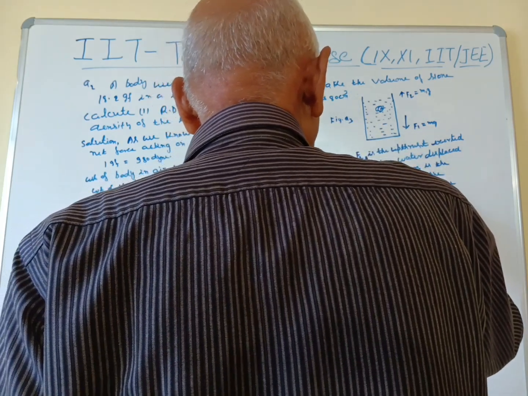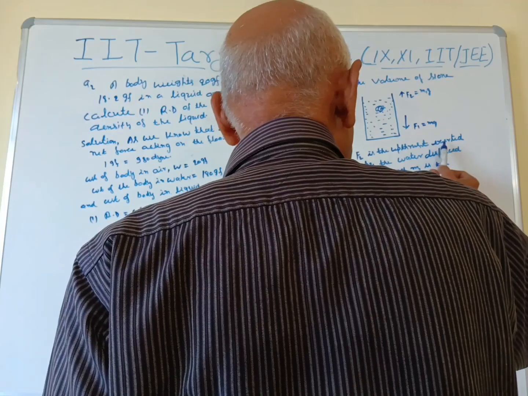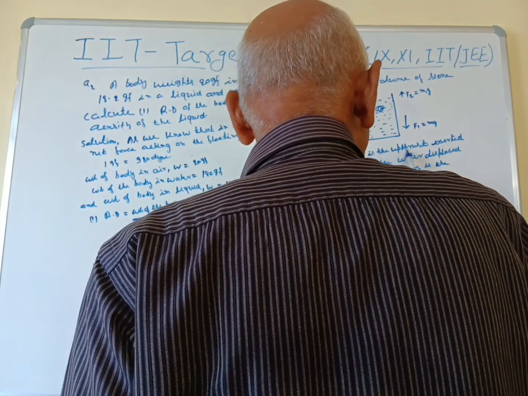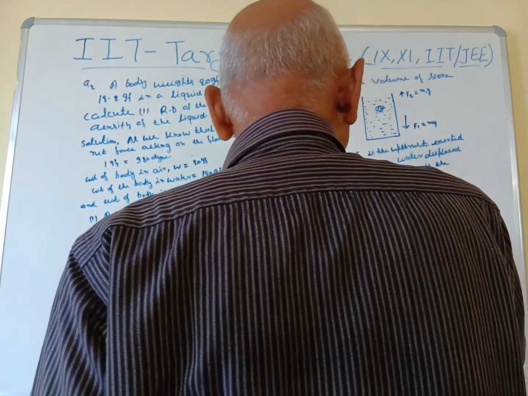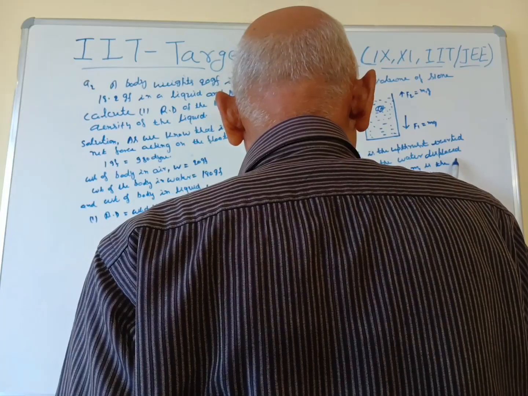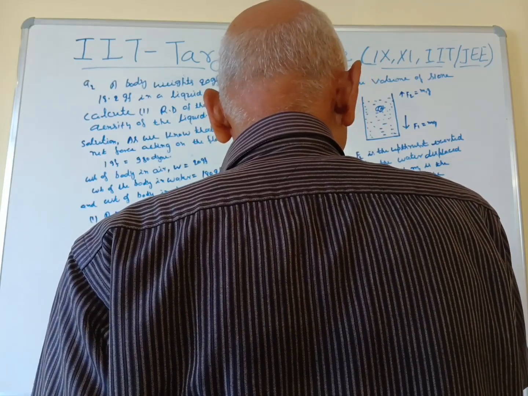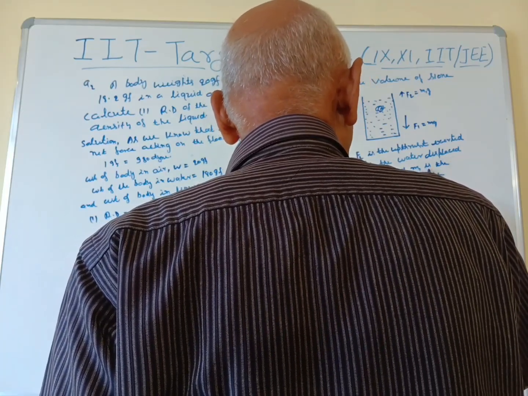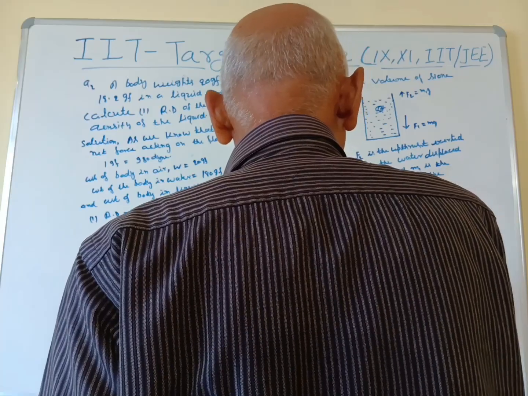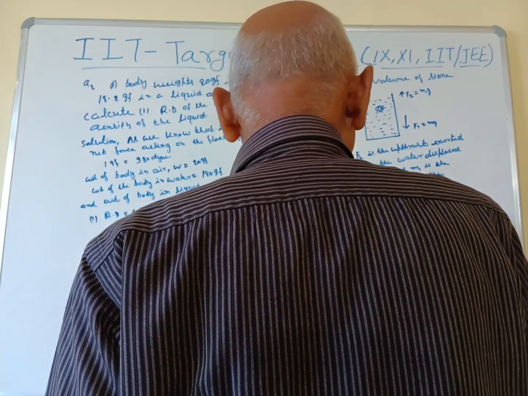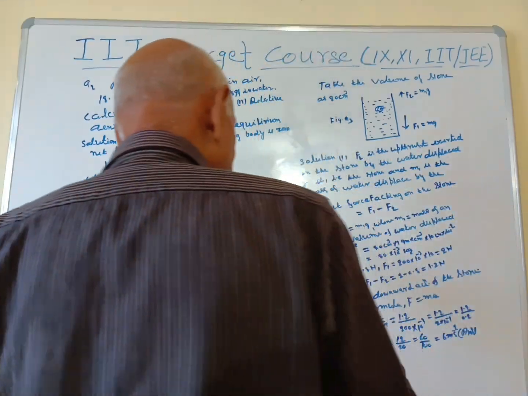Solution. First, F2 is the upthrust. F2 is the upthrust exerted on the stone by the water displaced by it, that is the stone, and M1 is the mass of water displaced by the stone.